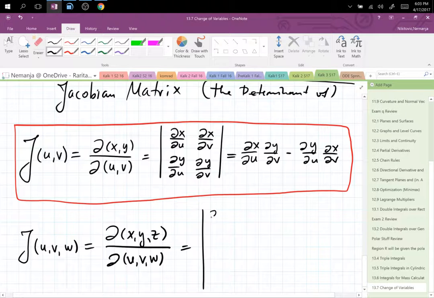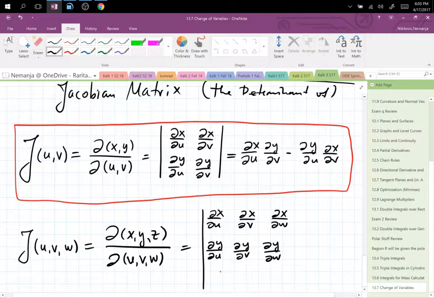Okay, so partial x, partial u, partial x, partial v, partial x, partial w, partial y, partial u, partial y, partial v, partial y, partial w, partial z, partial u, partial z, partial v, partial z, partial w. So that's for 3.